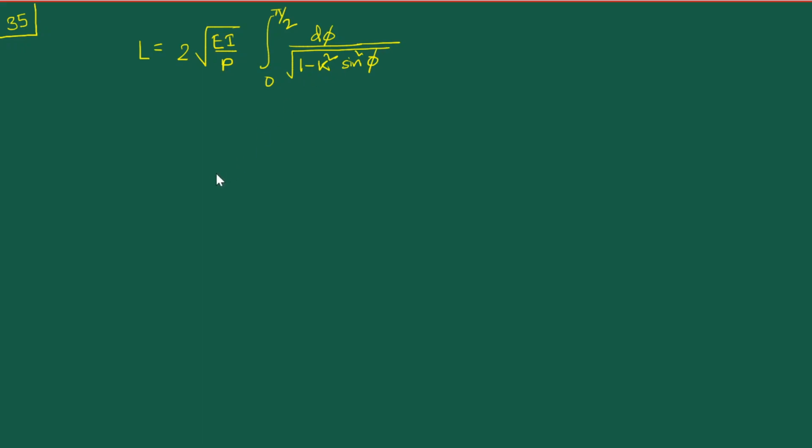Now we can write this as L square by EI. We've just taken this term here and this term also here in this fashion.